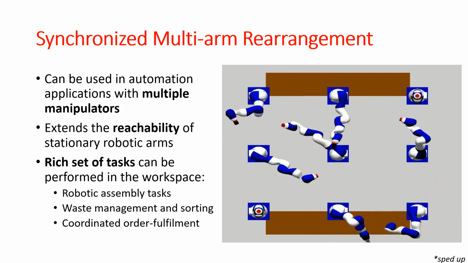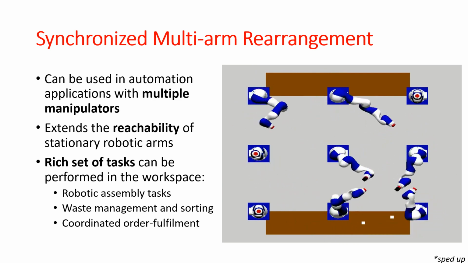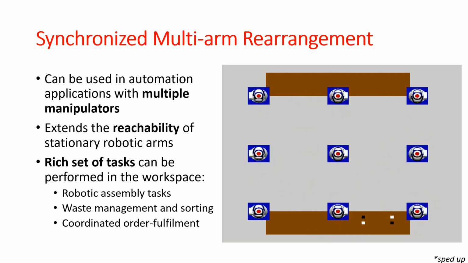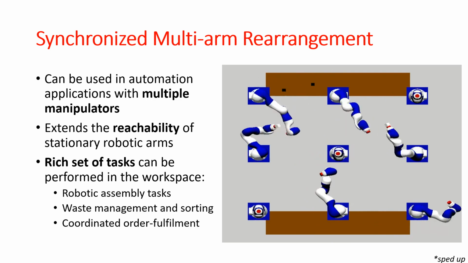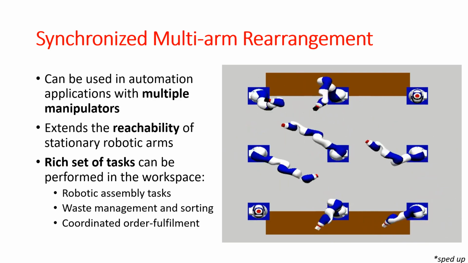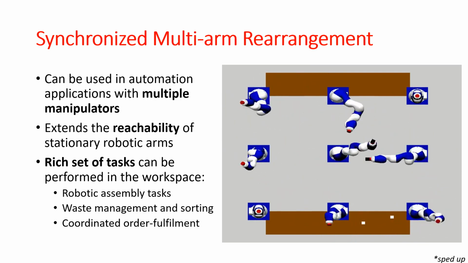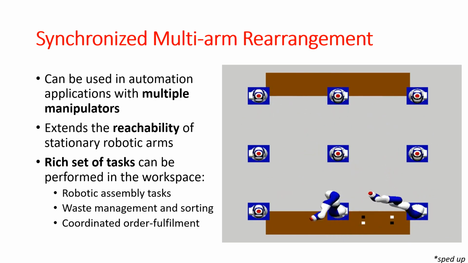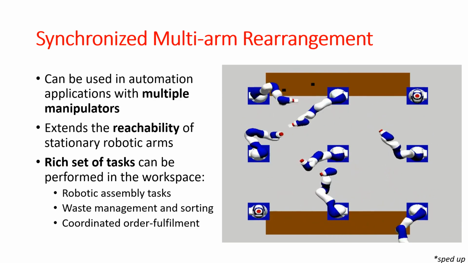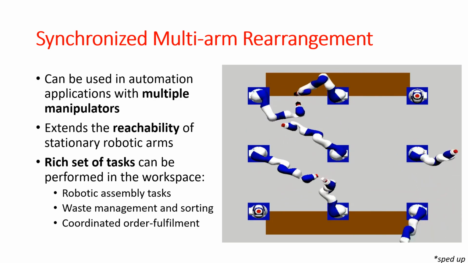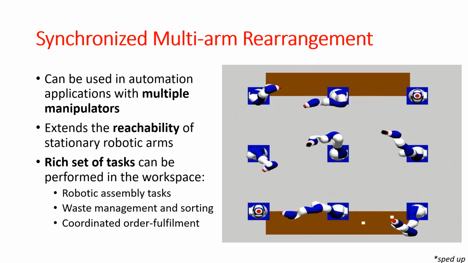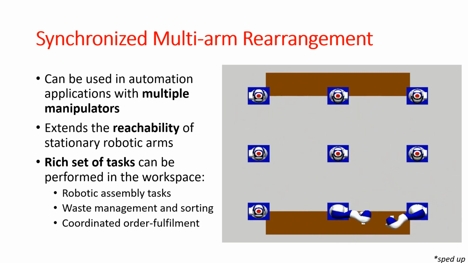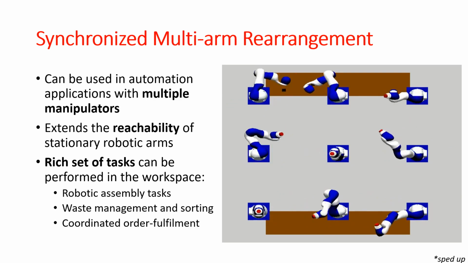And the idea is, in this work, we focus on multi-arm rearrangement where only the object poses need to be changed using the manipulators, and we want to address the scalability issues and the computational challenges in trying to efficiently come up with solutions in this problem domain.